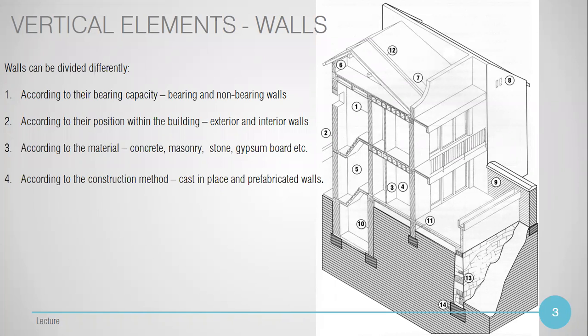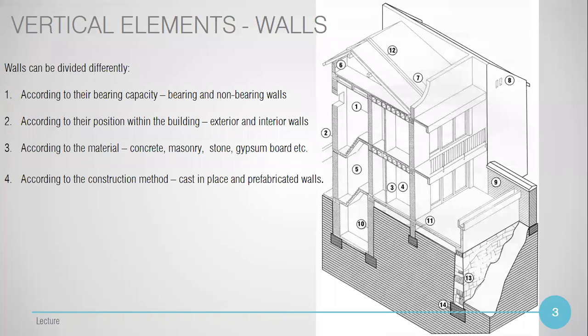So the construction method is when the construction is done on site, for example, called cast in place, a monolithic construction, or when the main constructions are manufactured outside, in specially designed plants, factories, shops, and so on.